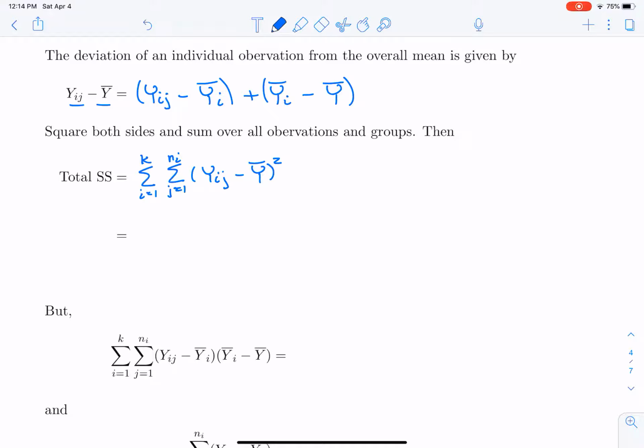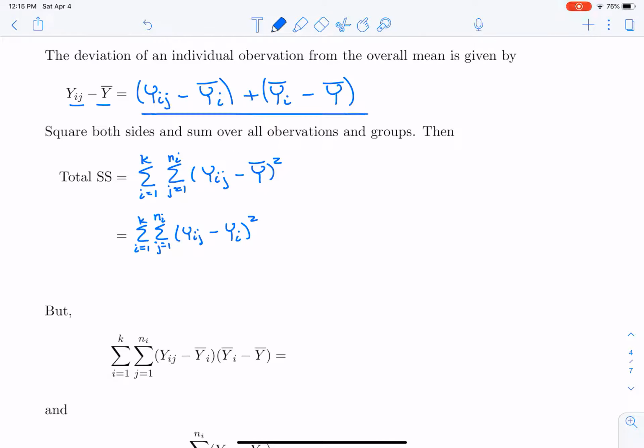So this can actually be squared and then broken up into 3 terms. Okay, so if I square that, there's the sum from i equals 1 to k, j equals 1 to n sub i of y sub ij minus y sub i bar, squared. Okay, so I'm looking at squaring this term right here.